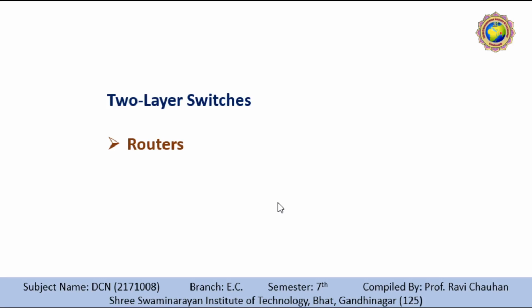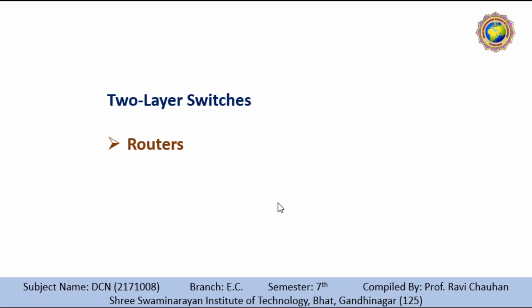Some new two-layer switches, called cut-through switches, have been designed to forward the frame as soon as they check the MAC address in the header of the frame. So this is a brief introduction to two-layer switches.